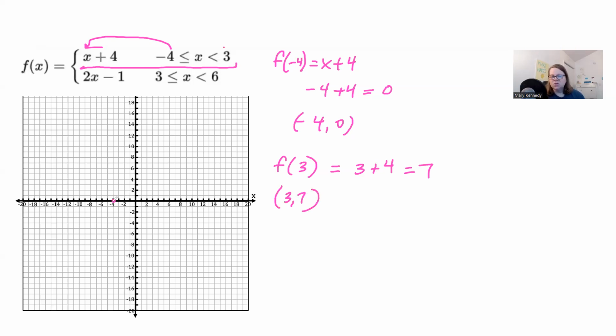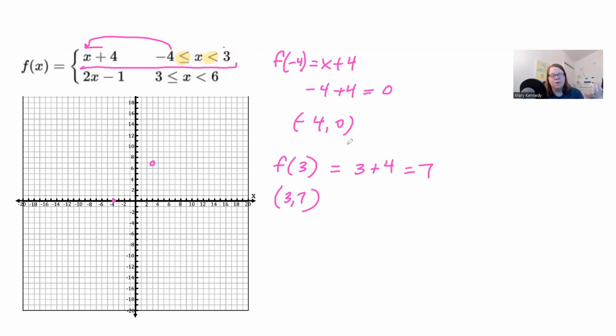Now, I have a circle that's filled in at -4, 0, but at 3, it's not going to be filled in. So I'm going to go right 3, up 7, and have an open circle. And I want you to think about what the difference is. The difference is very simply in whether or not that number is included in that range. So -4 is included because it says -4 is less than or equal to x.